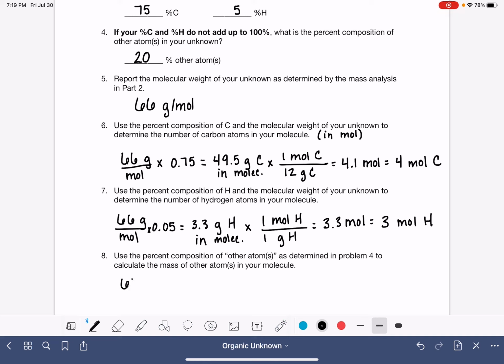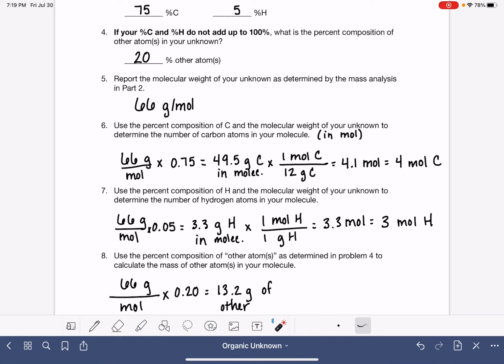You're going to determine the mass of the other atom in your molecule. So you're going to take your molecular weight one more time, 66 grams per mole. You're going to multiply by the percentage of the molecule that is another atom. 0.2% is what I got. 66 times 0.2 is 13.2 grams of whatever this other atom might be.